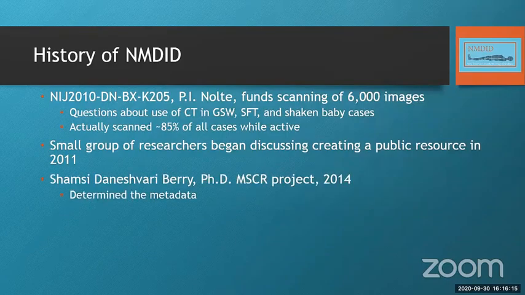In 2014, Dr. Barish created a Master's of Clinical Research project that determined the metadata for NMDID. She consulted with more than 50 researchers in a variety of different fields, all the fields that we could imagine might use such data. So it included forensic anthropologists and pathologists, but also people who study human evolution, and a wide variety of safety people and investigators and other people like that.